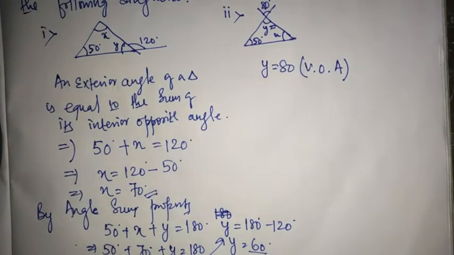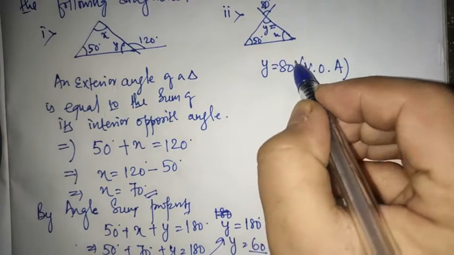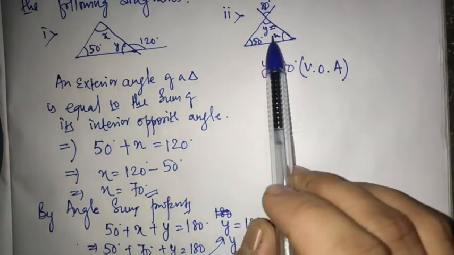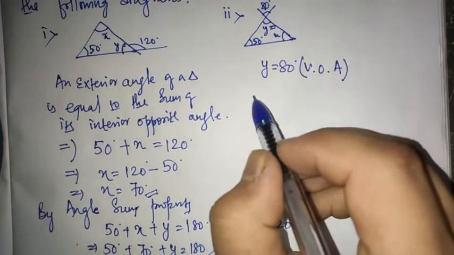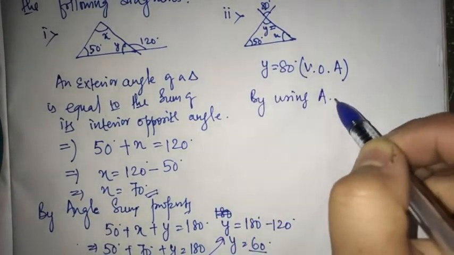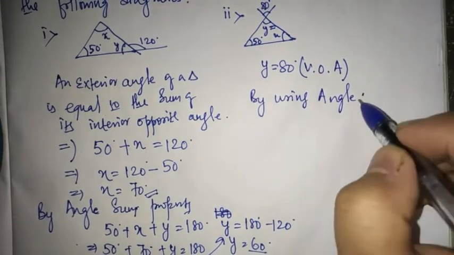So the y value is known to you. Yes, the y value is 80 degree. It is a vertically opposite angle. Now you have to find the x value using the angle sum property, or the sum of the interior angles, all the interior angles are 180 degree.